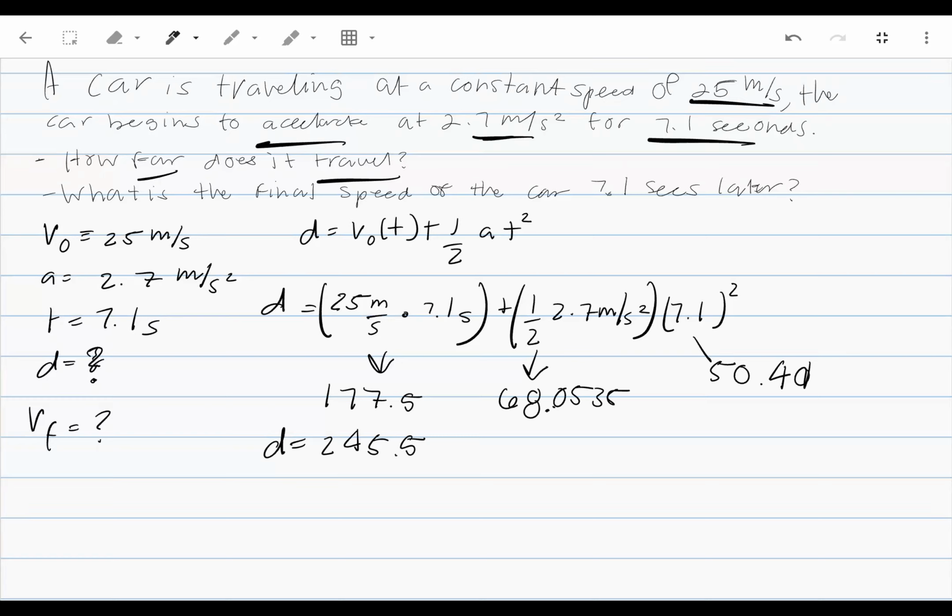So again, this is how you find distance: initial velocity times time plus 1/2 acceleration times time squared. And just make sure you know what you're looking for.